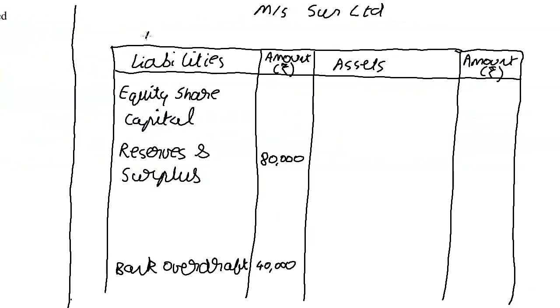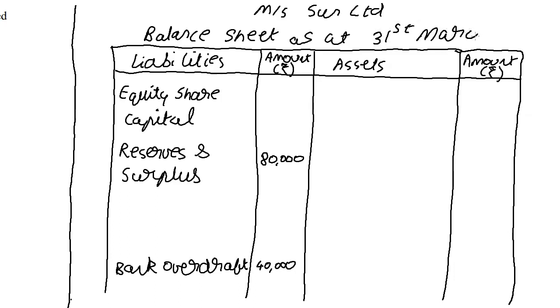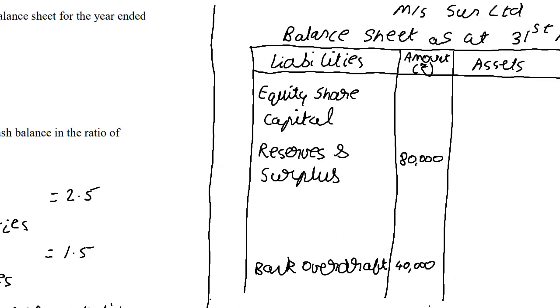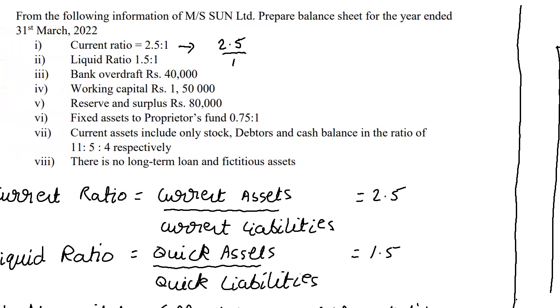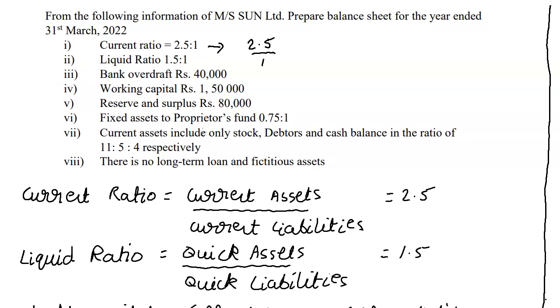So balance sheet as at 31st March 2022. I know my handwriting is horrible, please bear with me. Now, going forward, we have accounted for the bank overdraft, working capital, reserves and surplus.